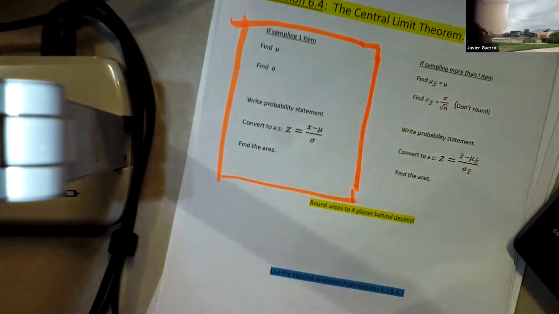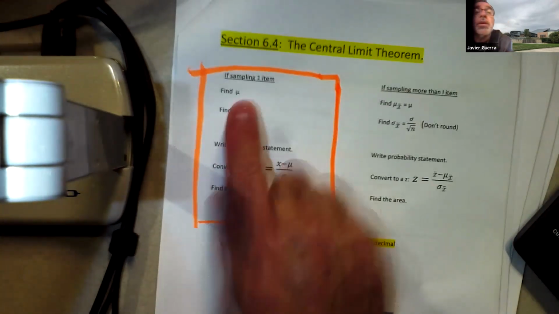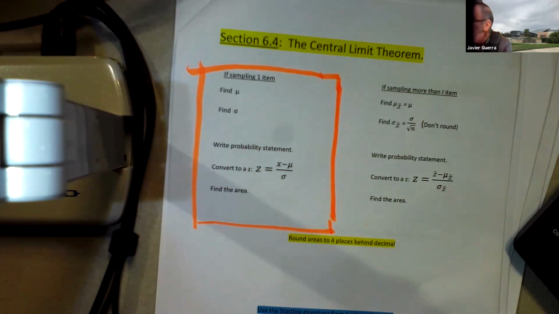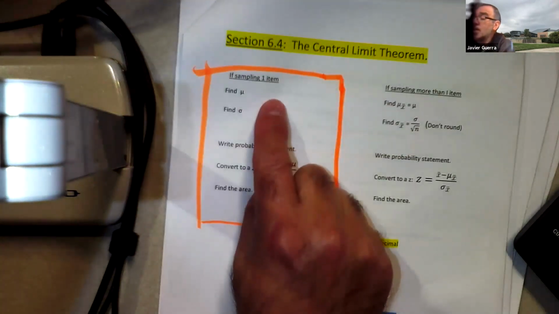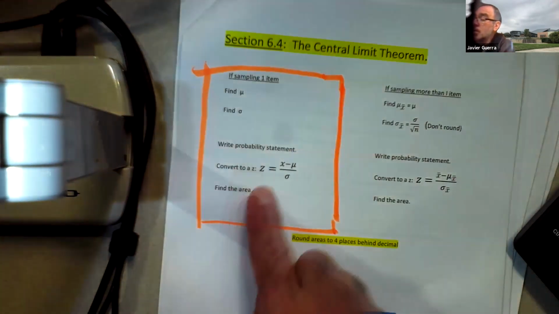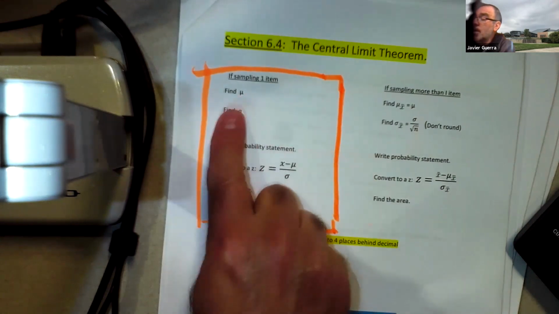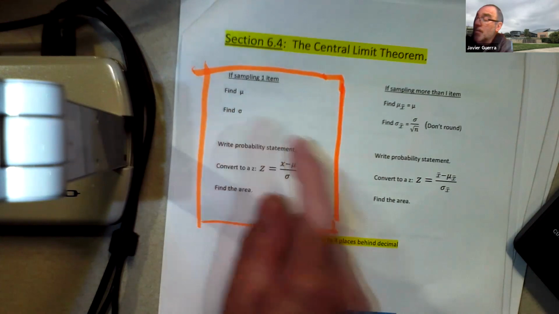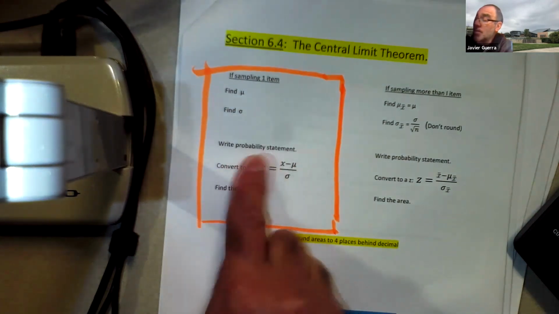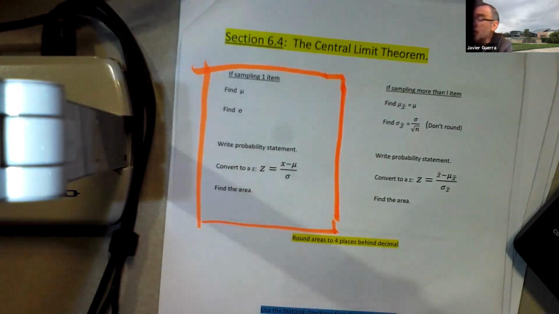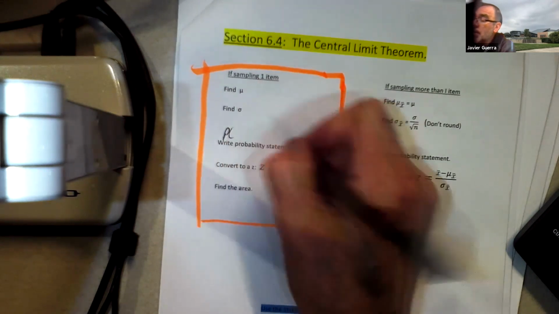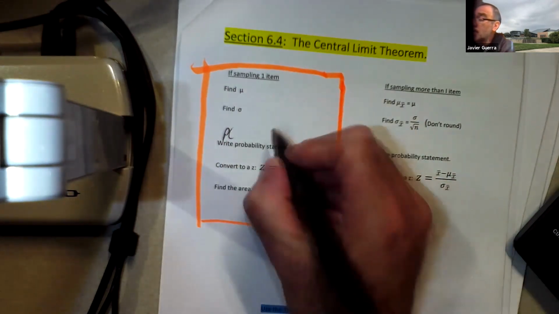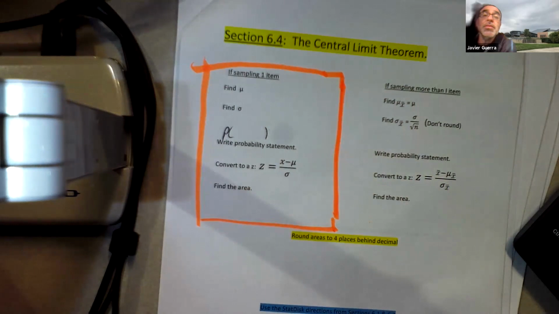Because if we do one sample, we do what we did in 6.2. Remember we identified the mean and the standard deviation, right? And we wrote down the probability statement with the P, the parentheses, and then we converted, and then we found the area, right? So we did that on 6.2.